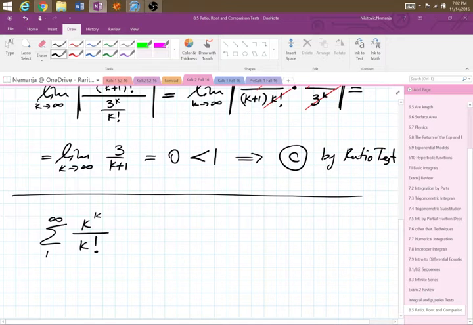Done. So this is a problem that you just look at and you know the outcome, and you just need to write that the limit of k to the k divided by k factorial is not 0 by growth rate rules, and then you just say diverges by divergence test. That would be your answer on the exam for this question.